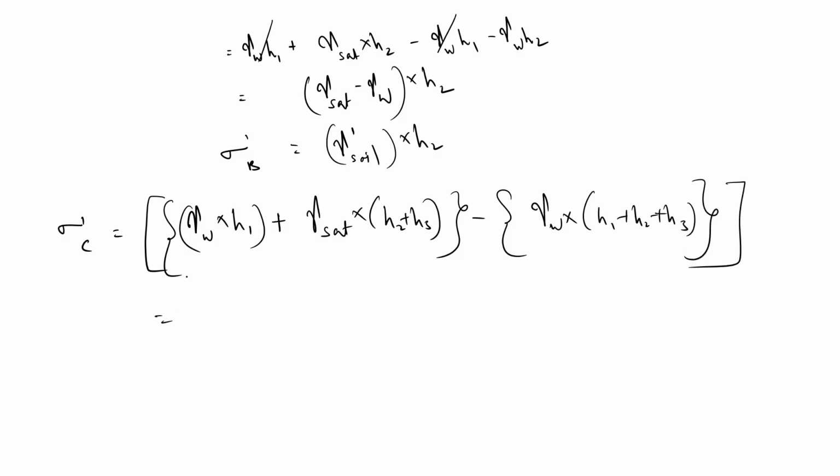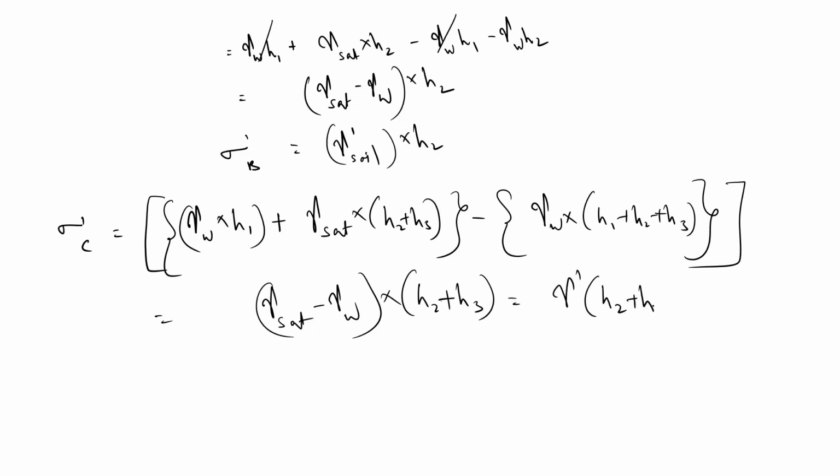What do you get? Gamma W into H1 will be cancelled, then gamma sat into H2 plus H3 minus gamma W into H2 plus H3 will remain. So gamma sat minus gamma W into H2 plus H3, which is gamma dash into H2 plus H3. So now finally sigma A dash plus sigma B dash plus sigma C dash.